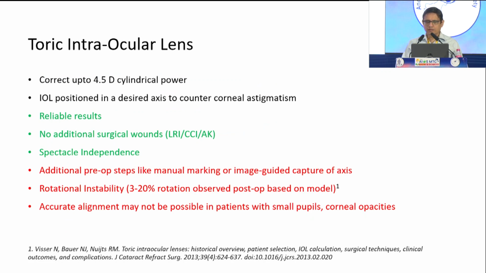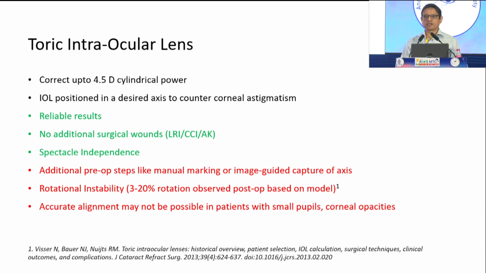A couple of words about toric IOLs. They are very predictable now in correcting very high degrees of astigmatism also. They are very reliable. There are no additional incisions required. However, they do add extra steps in the operative workflow. You need extra machines for preoperative workup and intraoperative use as well.